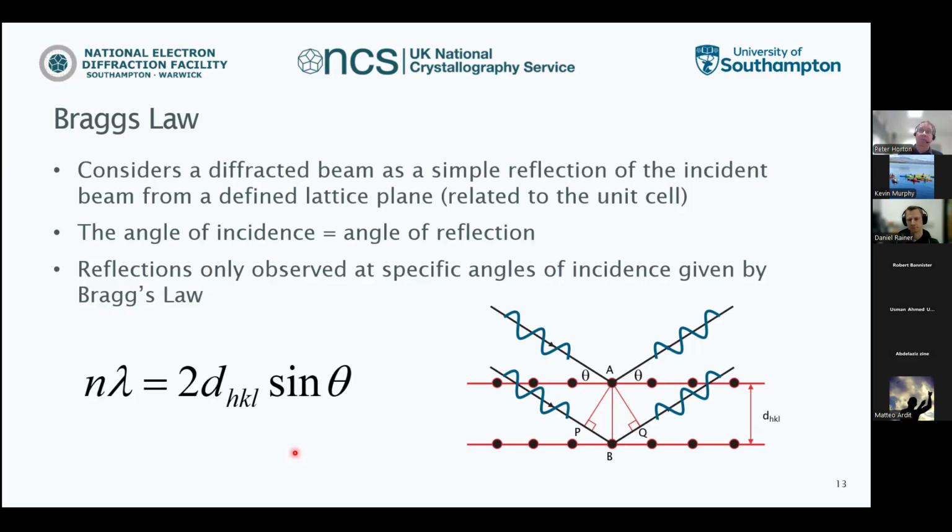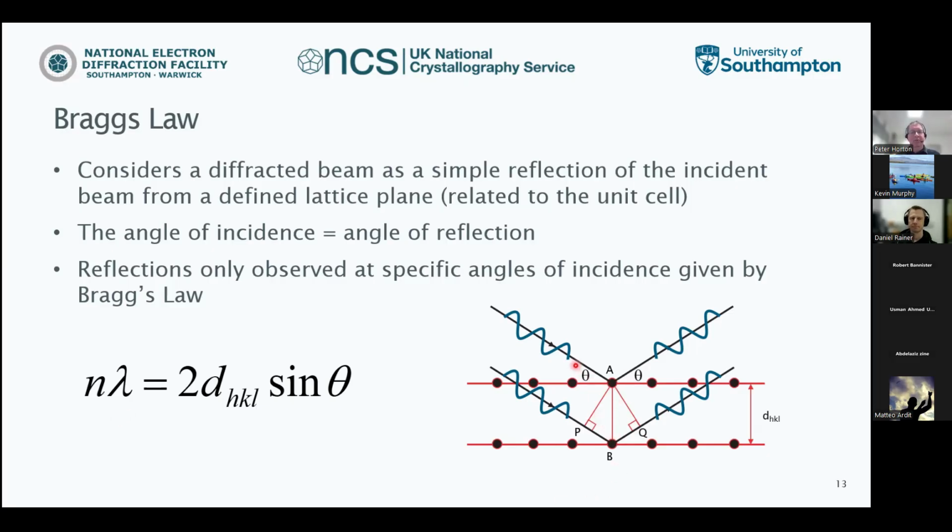We often call spots reflections simply because of this, that we assume there are mirrors. The equation relates the distance between these planes and the angle, and you have an integer here. The other bit is lambda, the wavelength of the X-rays used. So the wavelength of the X-ray you use will also determine the distances between these spots.